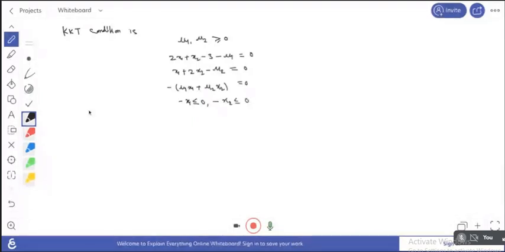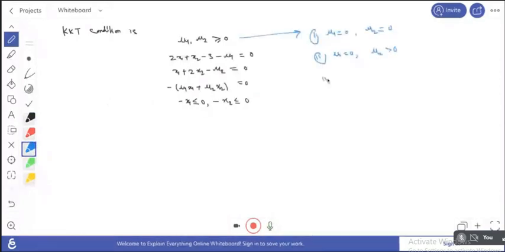Okay. So now we have 4 variables. You have to find out the conditions here. Basically, from this condition, the second condition is when mu1 is 0 but mu2 is greater than 0.